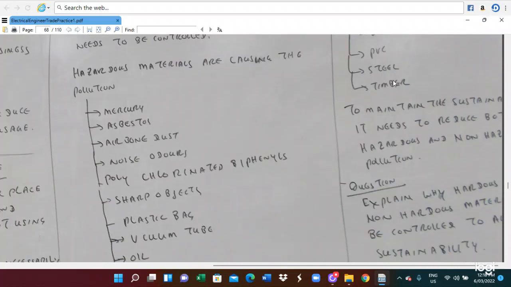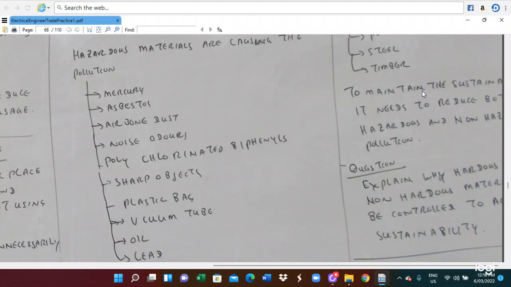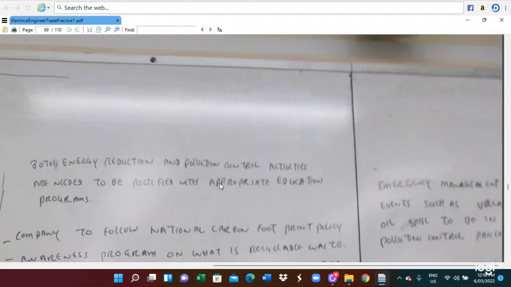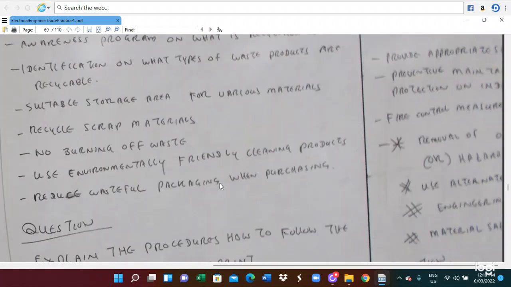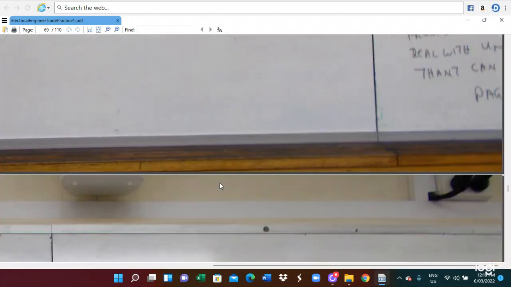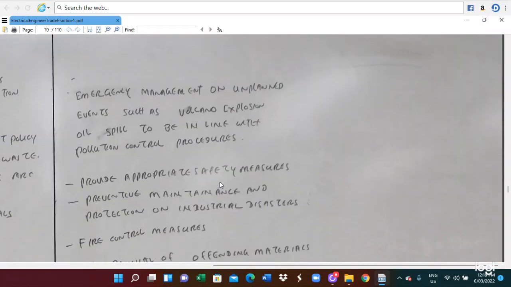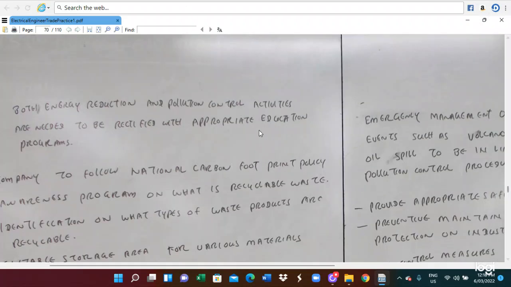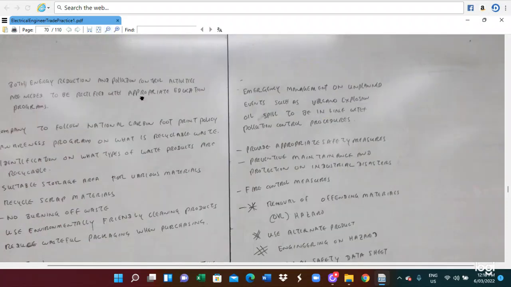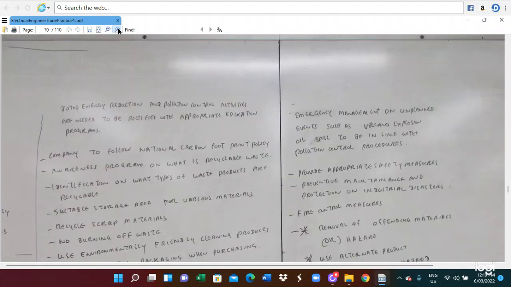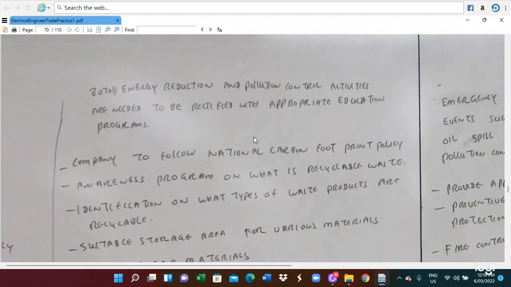So we have to maintain the sustainability. So we also have to follow the appropriate sustainability. So we have to follow the appropriate energy reduction and pollution control activity.